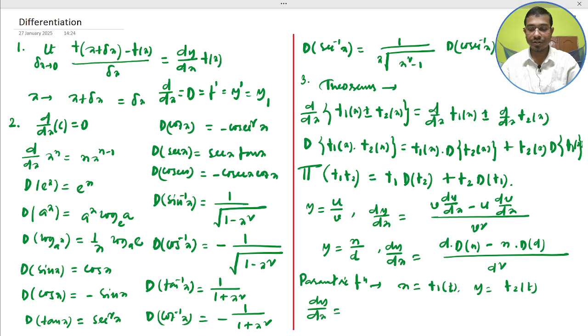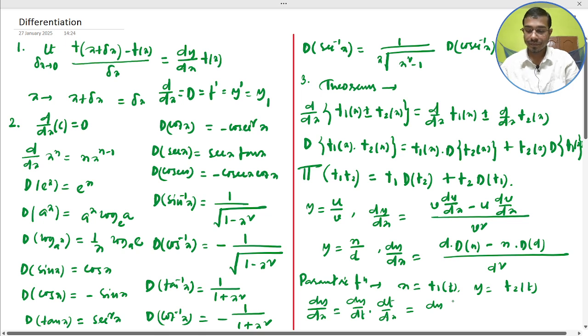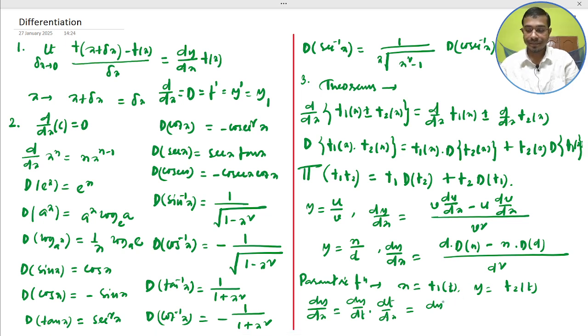So dy/dx is equal to dy/dt into dt/dx, which means dy/dt divided by dx/dt. This is the general form.